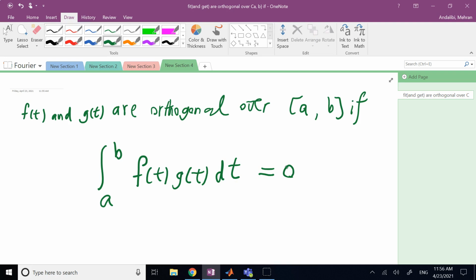For two vectors, we said the vectors are orthogonal if the dot product is 0. For functions, if the integral of the product of the two functions is 0, we say they are orthogonal.